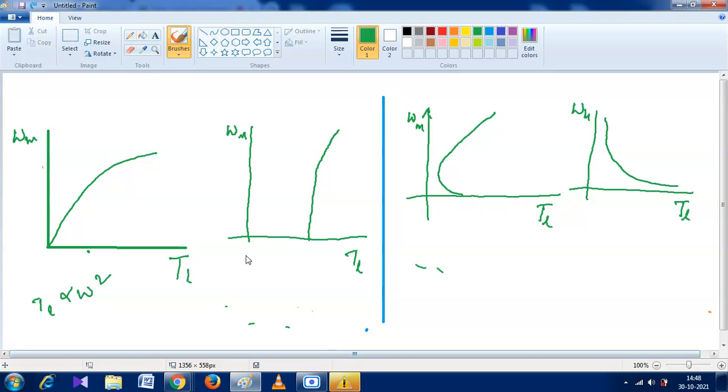In the second case, you can see in the first part the torque is nearly constant, and after that when the speed is increasing the torque is also increasing. What is an example of this type of load? Suppose a low speed hoist. In case of a low speed hoist you can see this type of nature.